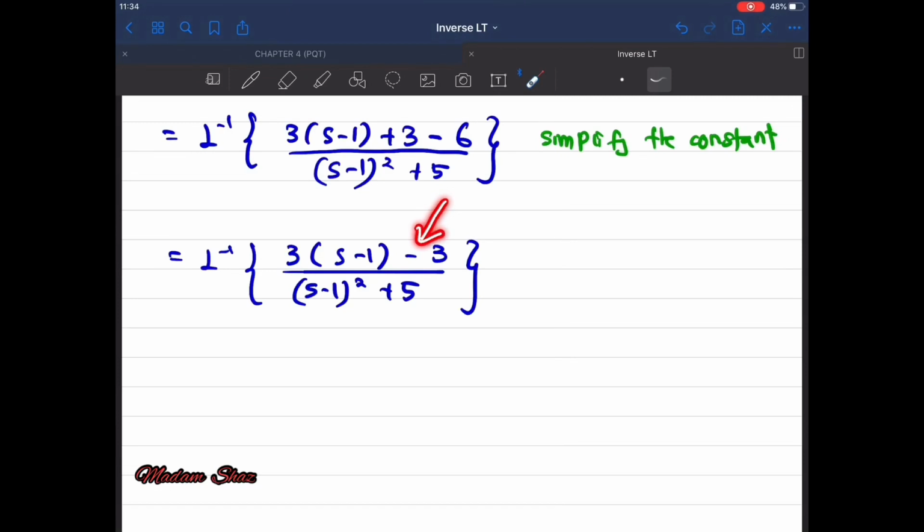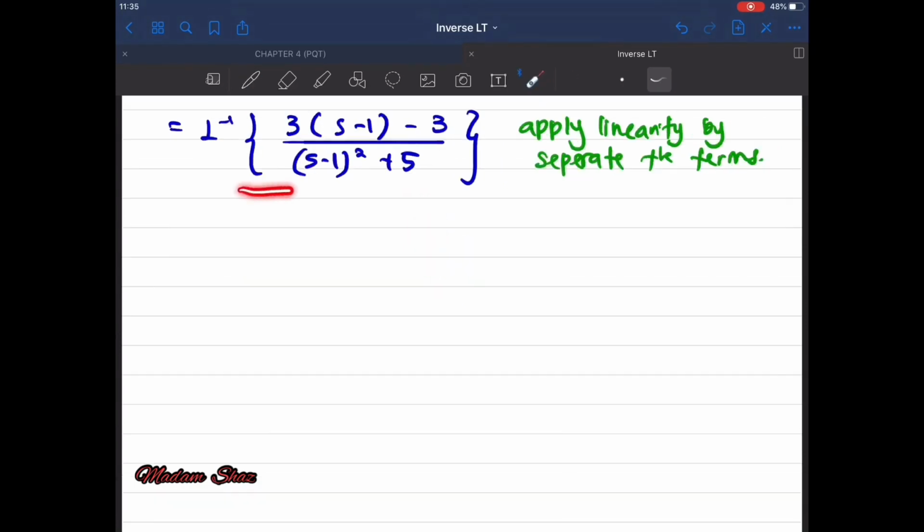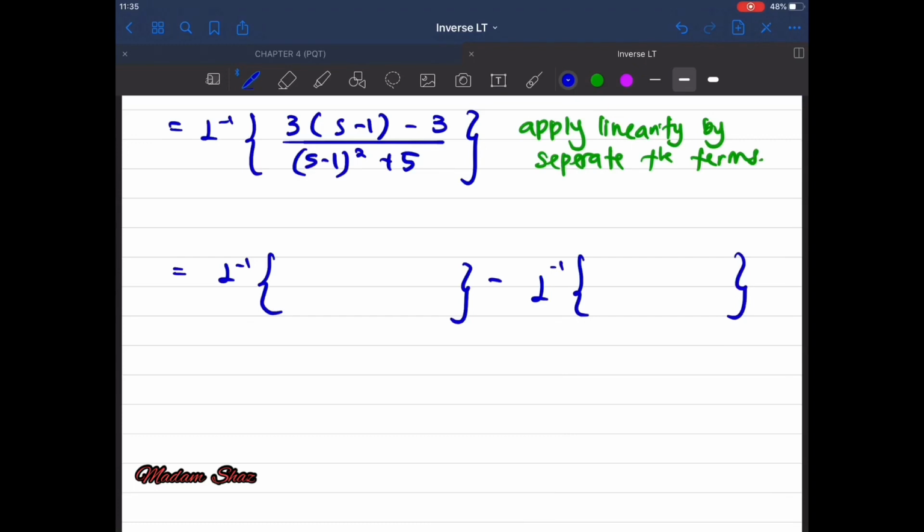So we have a minus operation at the upper side, therefore you have to apply linearity whereby you separate the terms. Now you have one curly bracket; when you separate the terms, there will be two curly brackets. Laplace inverse, the first curly bracket, minus Laplace inverse, the second curly bracket.